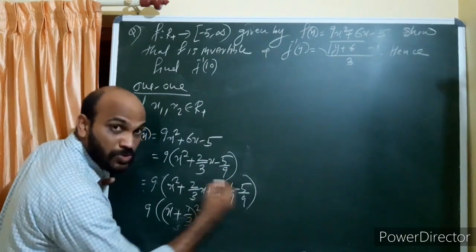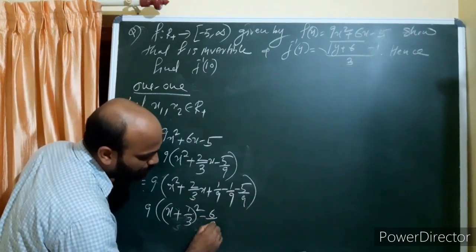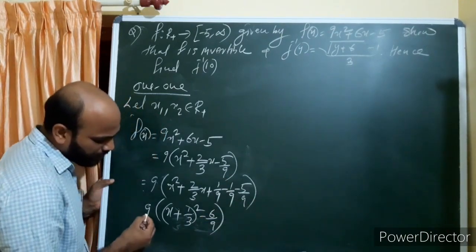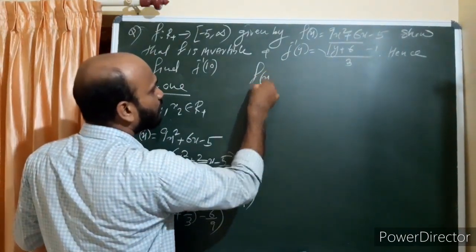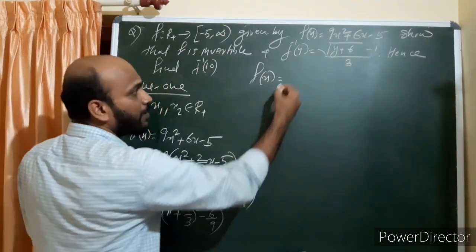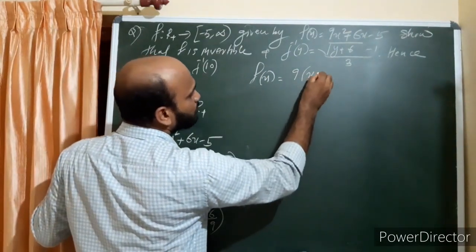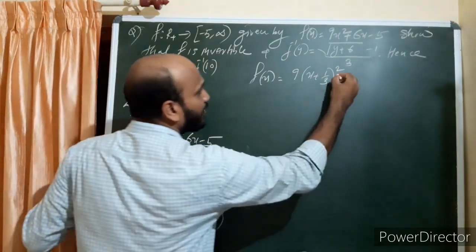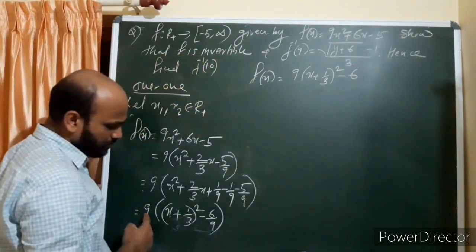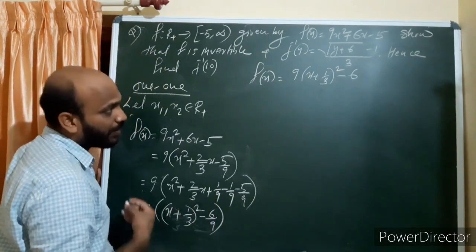Then these two numbers we have to add. So we'll get minus 6 by 9. Now we can expand with this 9. So f of x will be equal to 9 into x plus 1 by 3 whole square minus 6 you will get, because 9 into 6 by 9.